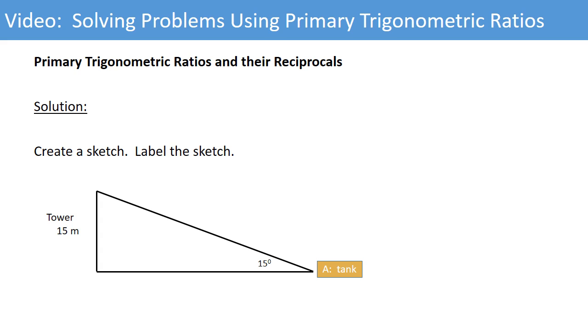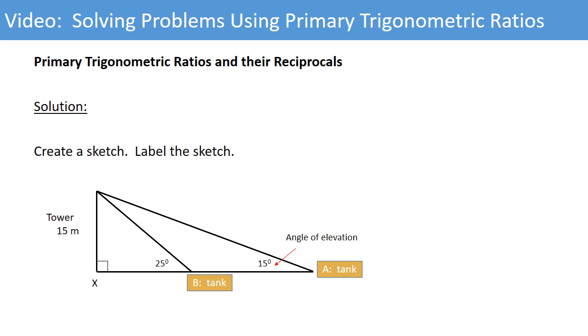Now, the tank advances. From this position, the angle of elevation is 25 degrees. What we are trying to find is the distance between point A and point B.